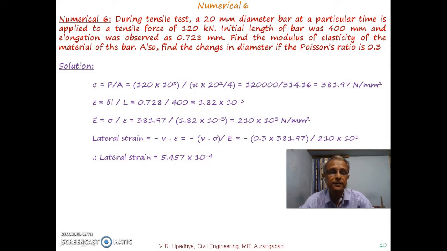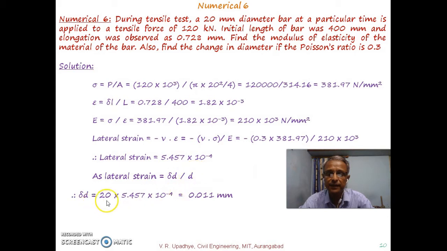Okay, so if a tension test is taking place, the length is getting increased and the diameter will be getting decreased. So lateral strain is delta D divided by D, where delta D is the change in diameter. The original diameter is given as 20 mm and lateral strain is obtained by this calculation, 5.457 into 10 to the power minus 4.